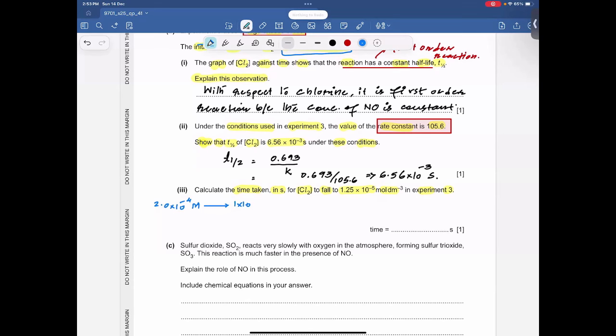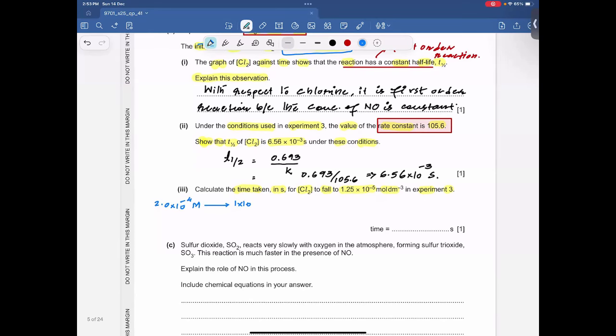Initially, the concentration is 2 into 10 to the power minus 4 mole per dm cube. That's the first conversion. Now in the second conversion, 1 into 10 to the power minus 4 mole per dm cube is converting into 5 into 10 to the power minus 5 molar.